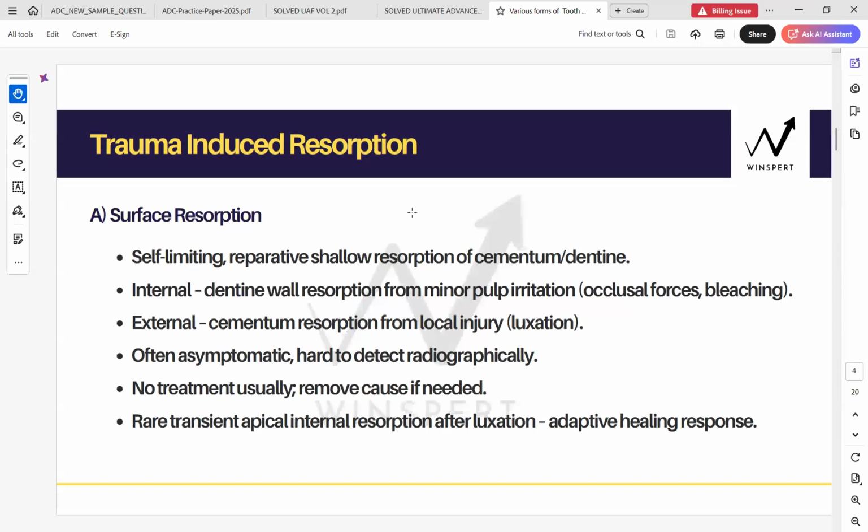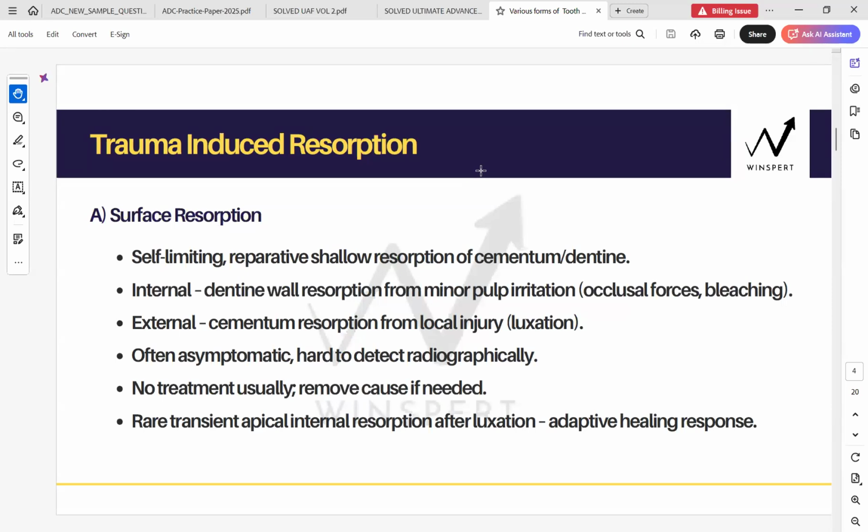So it can be internal as well. That's why it will begin in dentine when it's internal, and it can be external as well, and that will begin in cementum when it is external. So it can come from some local injury, but the injury has to be minor, and it will lead to only superficial surface, minor, and self-limiting kind of resorption.